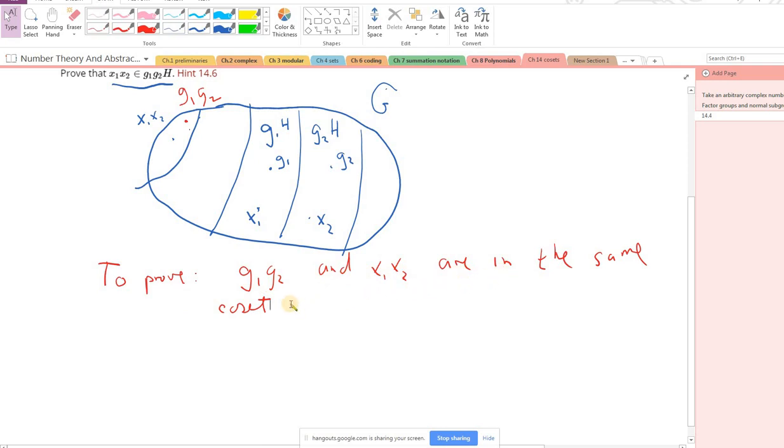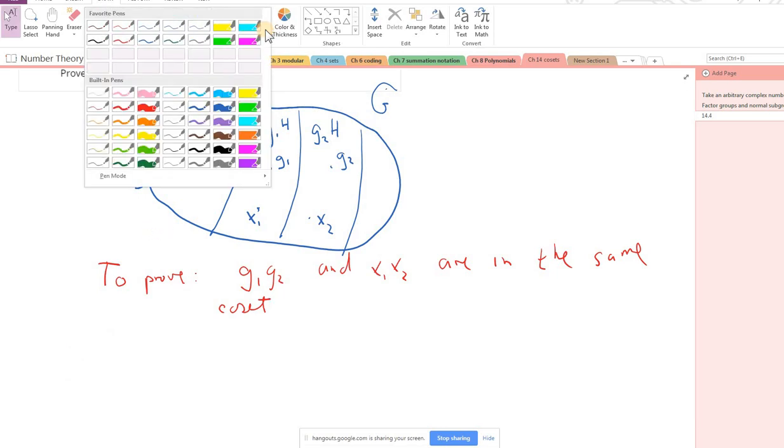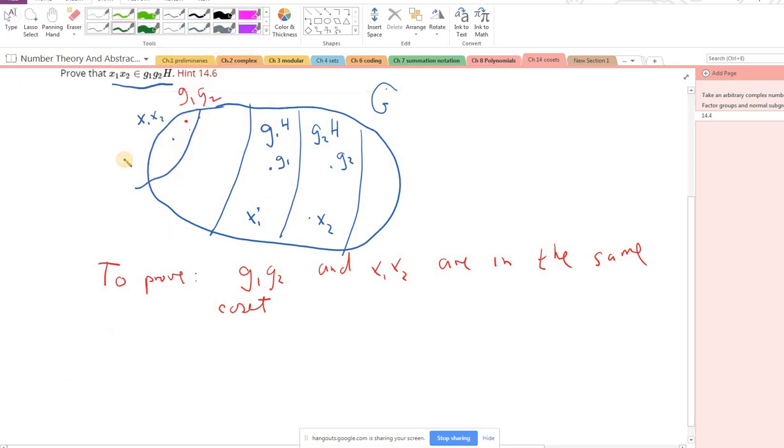I don't think I really quite get why that is what we're trying to prove. All right, well, let's backtrack a little bit then. So let me do an alternative. I'll put it in green because maybe we'll do that instead. Okay. What does this actually mean? What does it mean that X1, X2 is in G1, G2H?